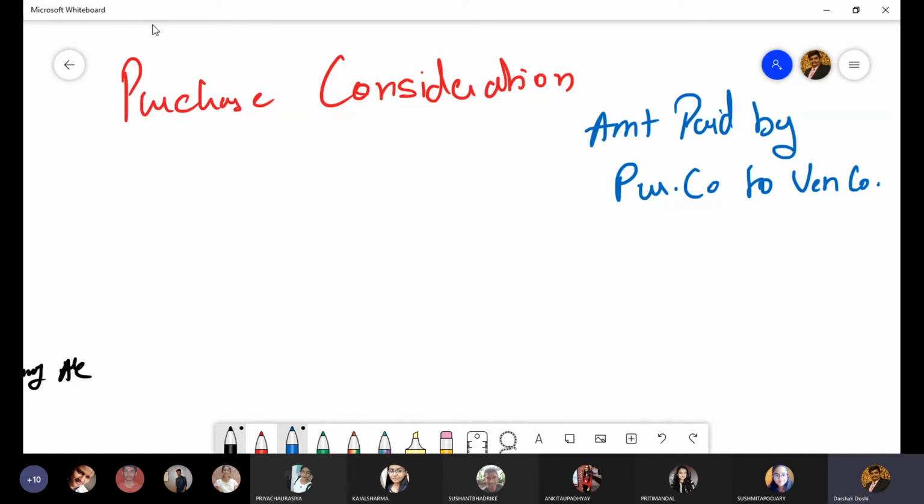Transfer of liability from vendor company to purchasing company is a financial transaction for vendor company. Hence, we take it into consideration while calculating purchase consideration. But payment of liability by the purchasing company is not a financial transaction for vendor company, so it will not reflect in purchase consideration. समझा सबको?